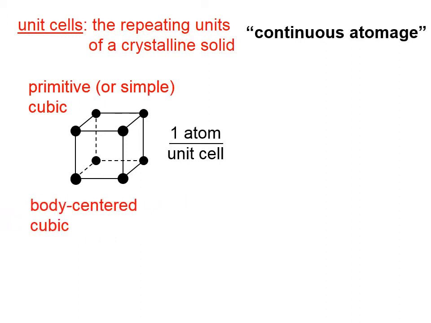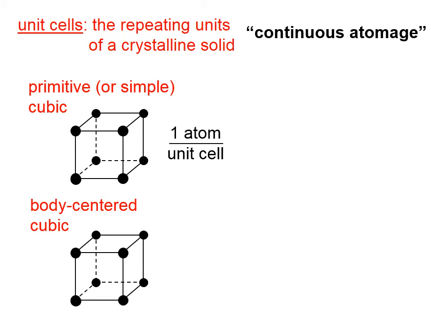Now, a body-centered cubic starts out kind of similar to a primitive or simple cubic, with one exception. If I draw a line from the front upper left to the back lower right, and then I draw another line from the front lower left to the back upper right, and if I draw a third line from the back upper left to the front lower right, those lines meet right there.